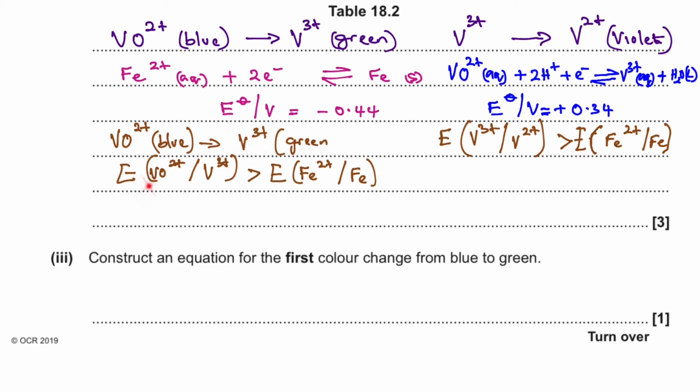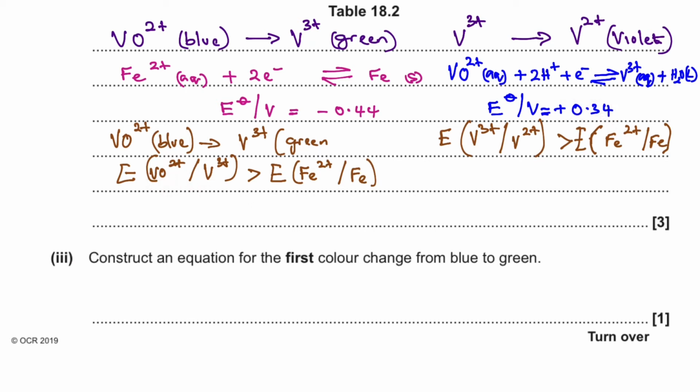The potential for VO2+ going to V3+ is 0.34, that's what we meant. This is the E value indicating the journey from start to finish, and that potential is 0.34.